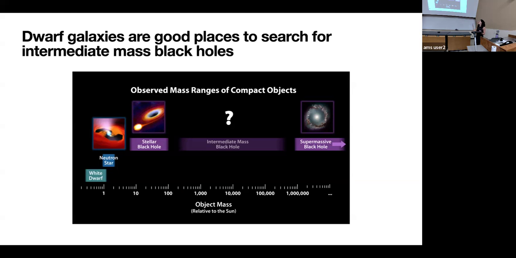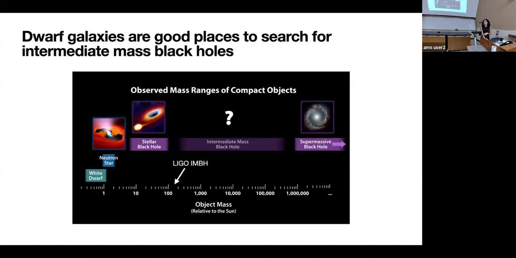And then in between is this whole range of intermediate mass black holes where we don't have much observational evidence. It is unclear whether these black holes don't exist at all, that nature just doesn't make them in that mass, or whether they're really hard to find.